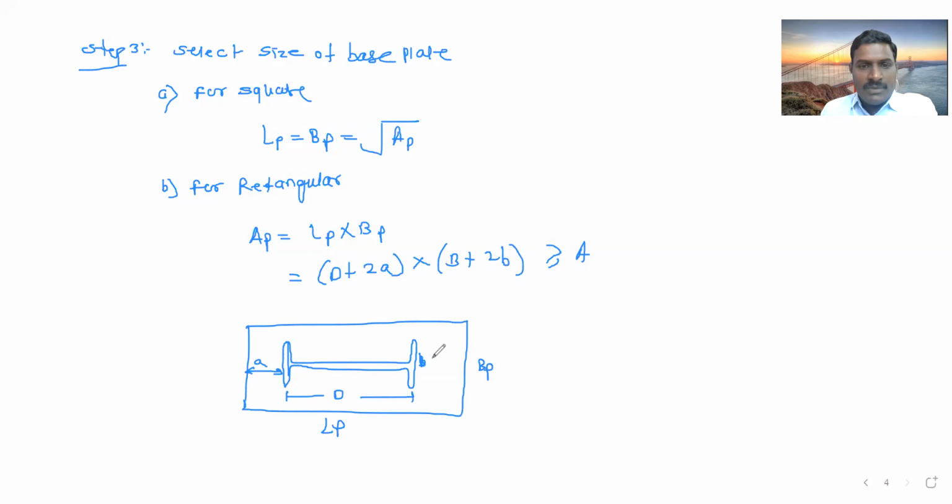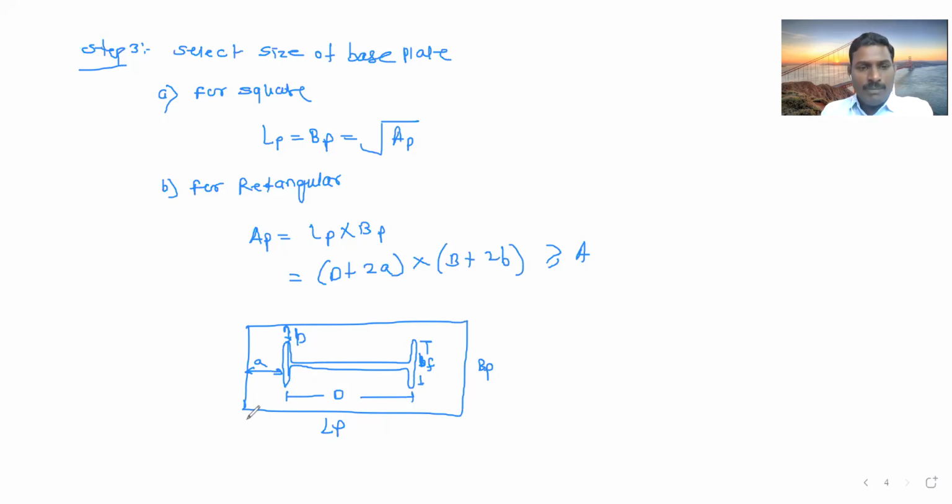This is the width of flange. So this is A and this is B. Small a and small b, where I have written, you can see. Very small a, very small b. So please draw the sketch fast before closing our meeting. 1 minute is remaining. Then we can discuss this particular D plus 2A and B plus 2B.